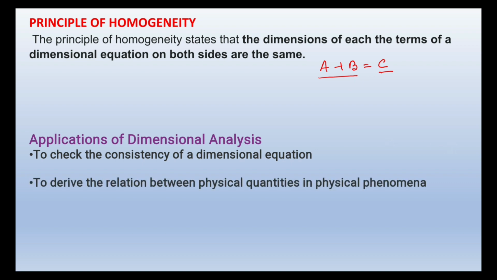It is also used to derive a relation between physical quantities in physical phenomena, and to change units from one system to another. That is, if we want to change a unit from the SI system to the CGS system or vice versa, then we use dimensional analysis.